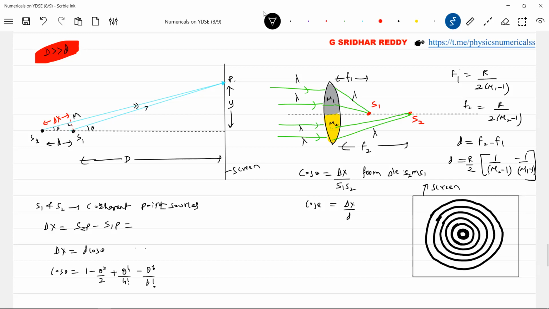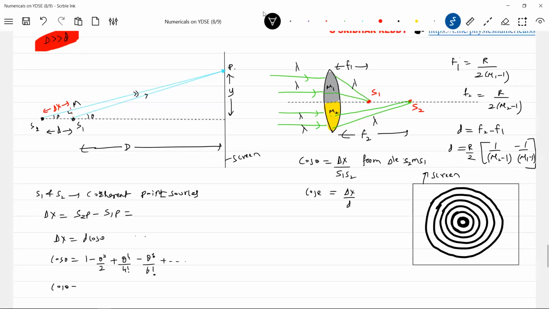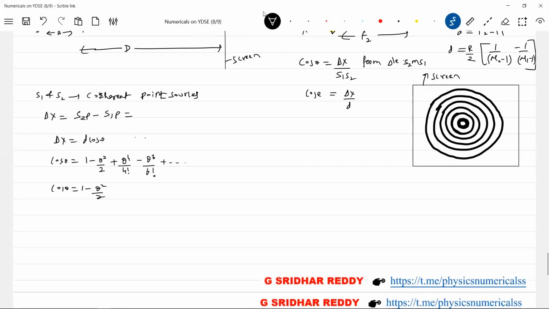Since theta is very small, higher order terms we can neglect. So finally, let me write delta x. This will be a much easier approach.